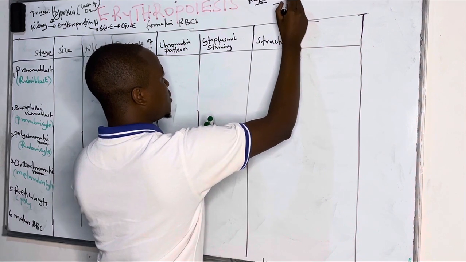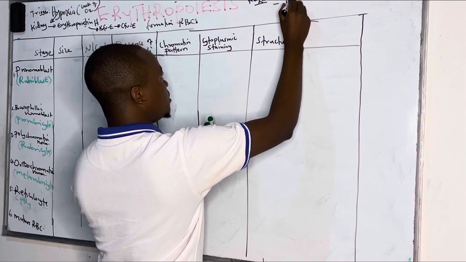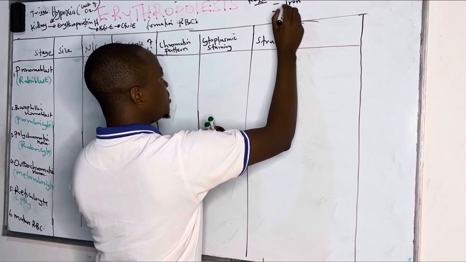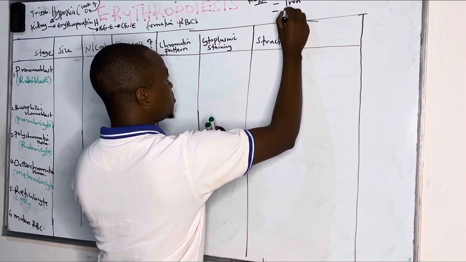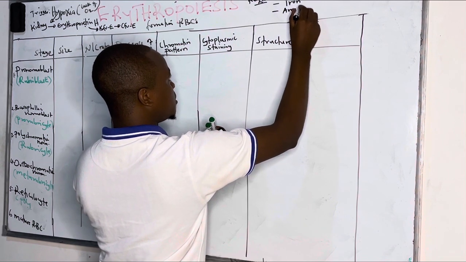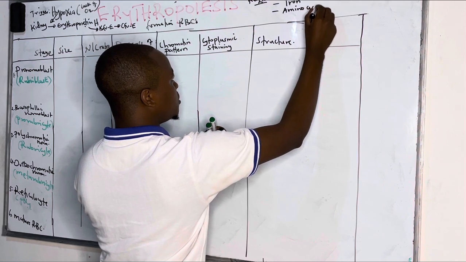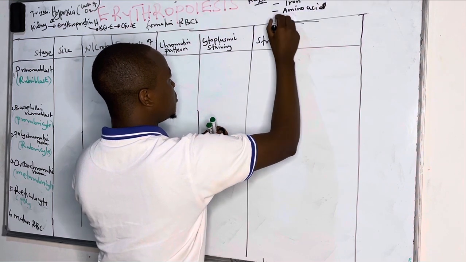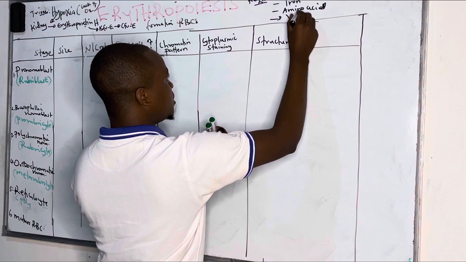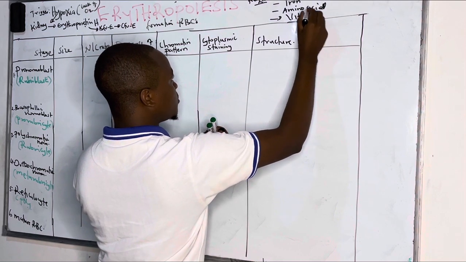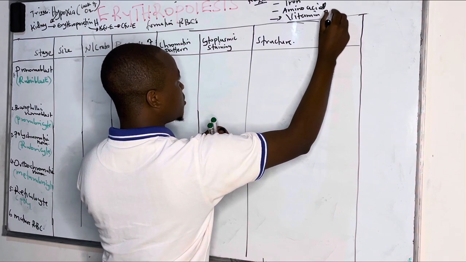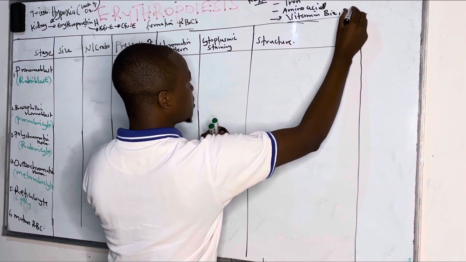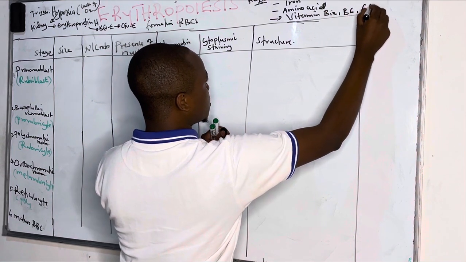We need nutrients like iron. We need amino acids, proteins, to form the globin chain. And we also need vitamin B12, vitamin B6 plus folate.